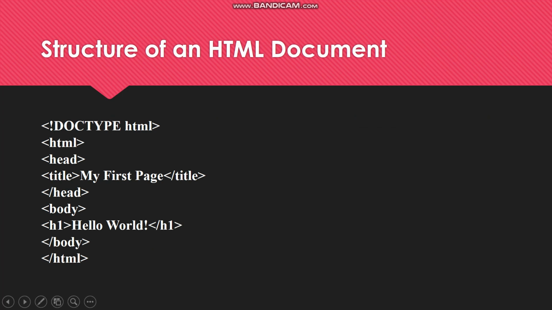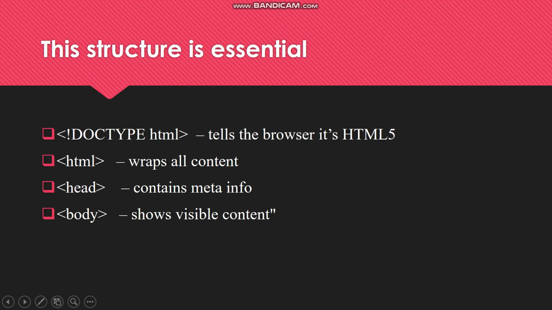This is the starting tag of HTML5, then the html tag, then the head tag, then title. This is the head part of HTML. This is the body part of HTML, with opening and closing body tags, an h1 tag for headings, then the closing html tag. This is the structure of an HTML document.